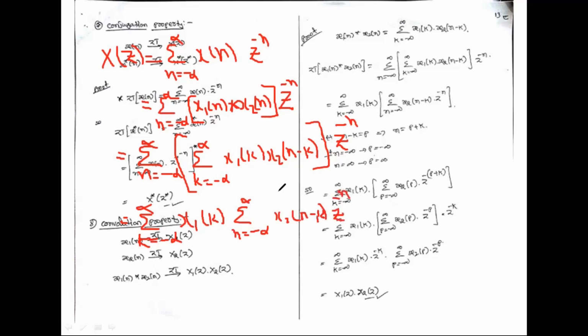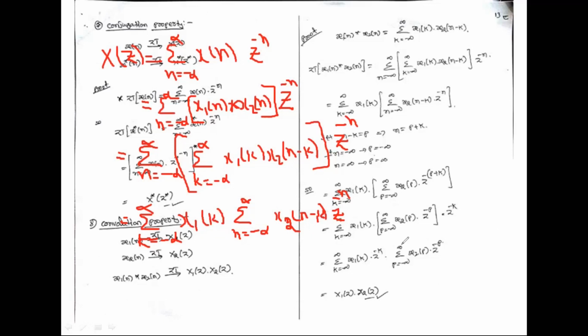Now in the second term you can observe here x2 of n minus k, nothing but a shifting property. So according to the shifting property, z power minus n x2 of n minus k means the z transformation is multiplied with z power minus k.